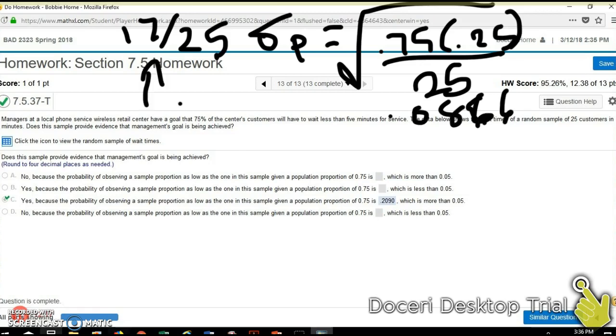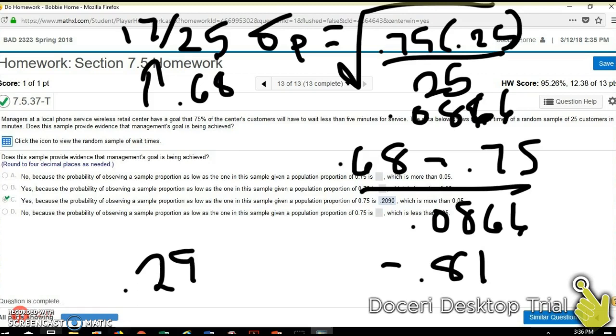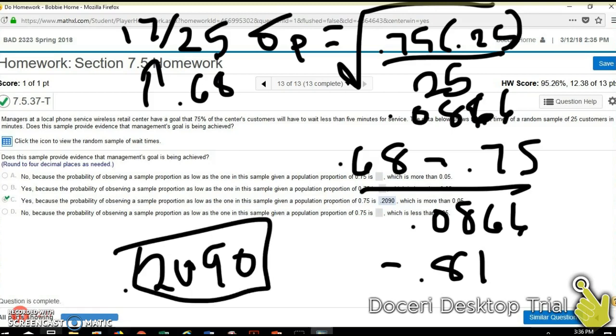Well, 17 out of 25 is 0.68. So 0.68 minus 0.75 divided by 0.0866. Once you do that, you get negative 0.81. So if you look that up in your probability table, you get 0.2090. So what does that mean?